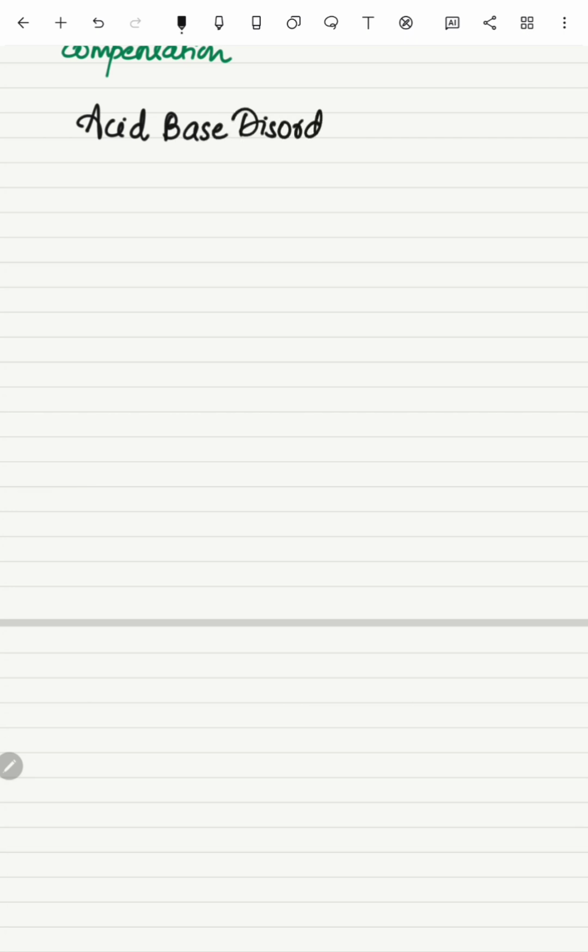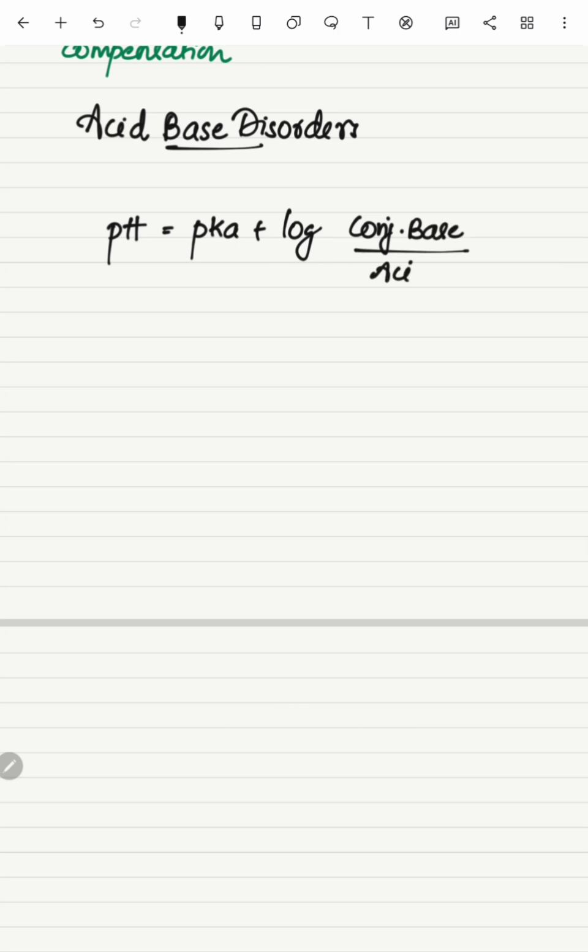Now we will be discussing acid-base disorders in detail. So here, as I said, we have to know the Henderson-Hasselbalch equation: pH equals pKa plus logarithm of conjugate base by acid.